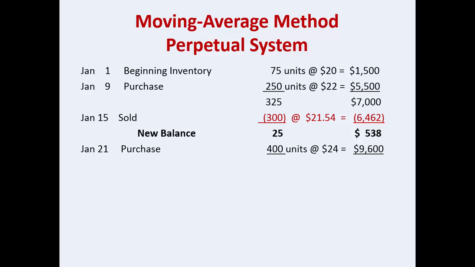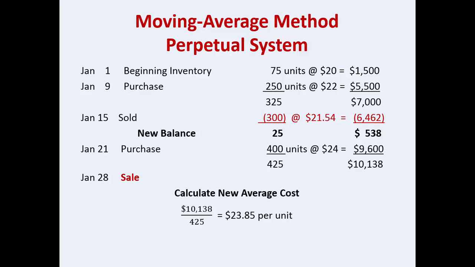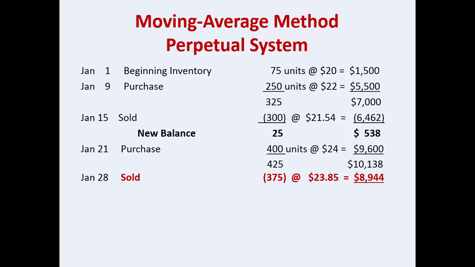Beginning plus purchases, that's what's available for sale. But now, because we're using the perpetual system, we're constantly recording cost of goods sold. We have to constantly update what our new average is. And with a moving average, it will change, more than likely, unless, of course, your cost stayed the same.